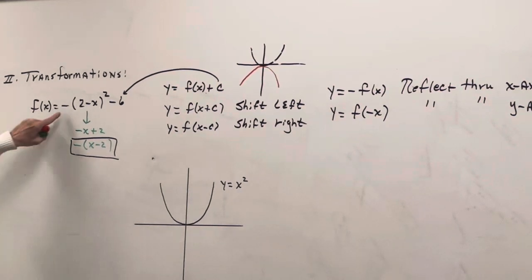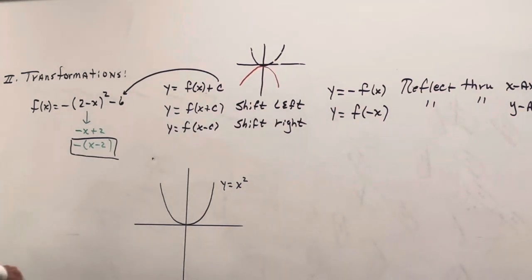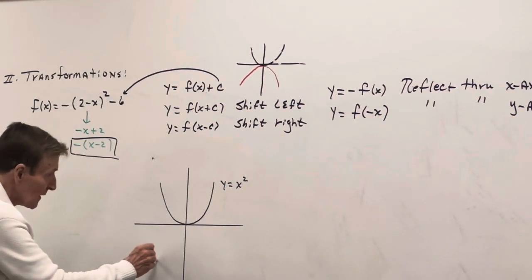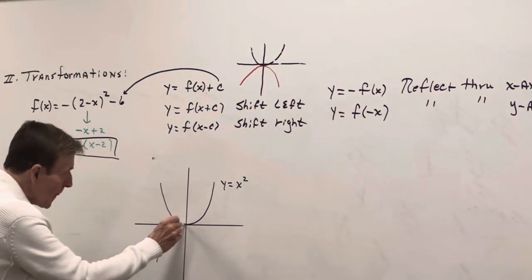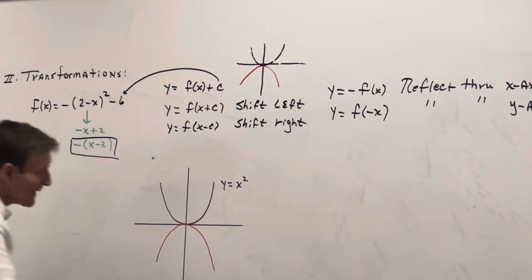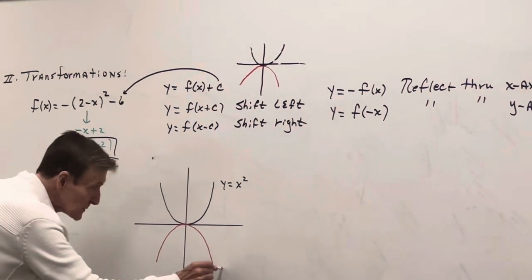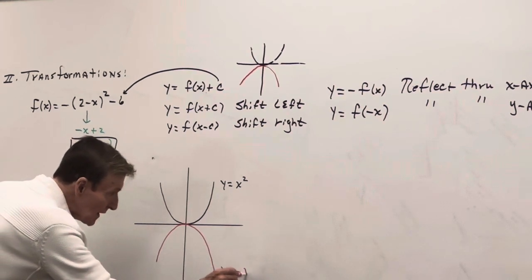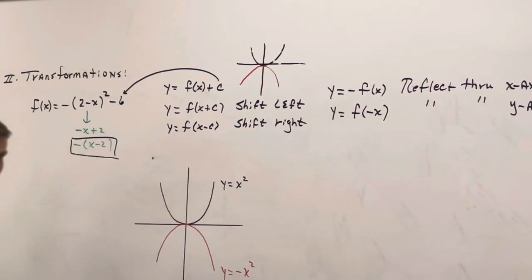I think we said this tells me to reflect it through the x-axis. So let's get that out of the way, which means now you have a graph down here. We label this represents this.